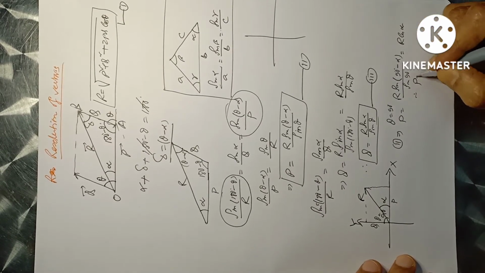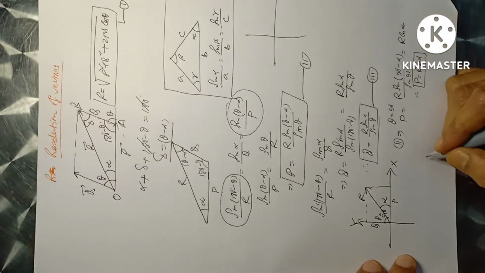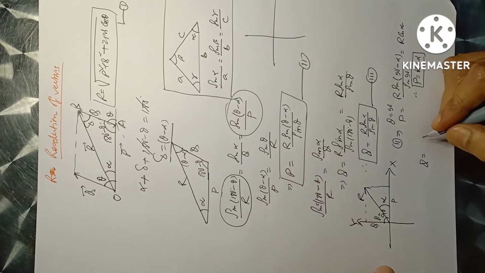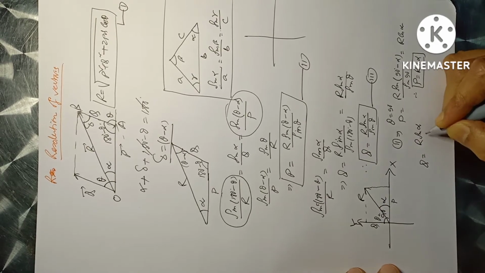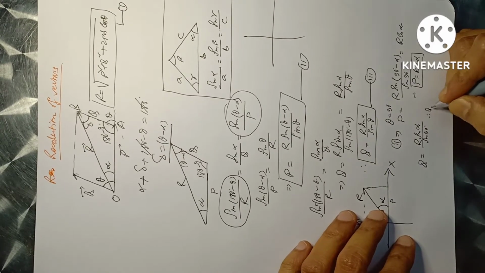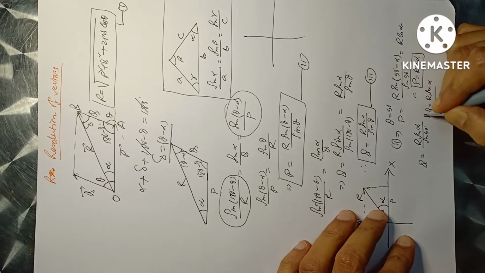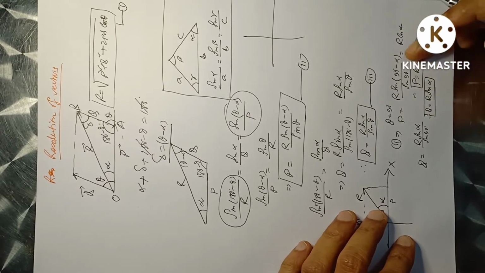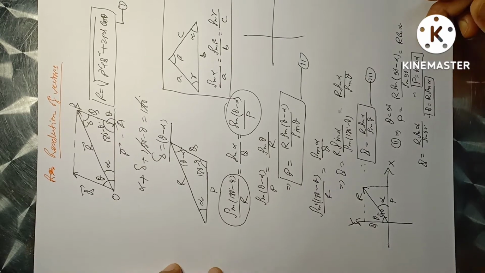So we can write p equals r cos alpha. And from the equation we get q equals r sin alpha divided by sin 90 degrees. Since sin 90 degrees equals 1, we can write q equals r sin alpha. These are very important to remember: p equals r cos alpha and q equals r sin alpha.